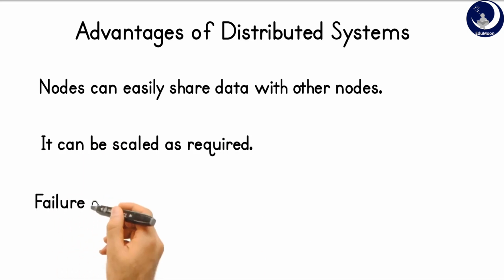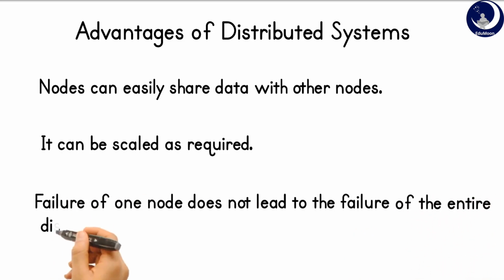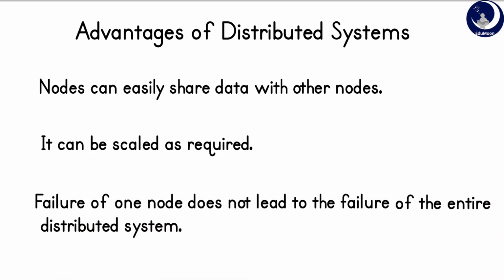Failure of one node does not lead to the failure of the entire distributed system; other nodes can still communicate with each other. Resources like printers can be shared with multiple nodes rather than being restricted to just one.